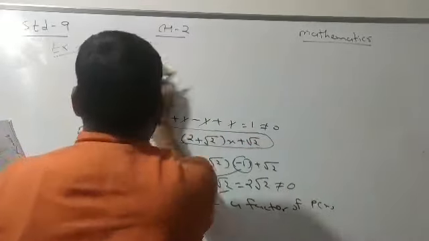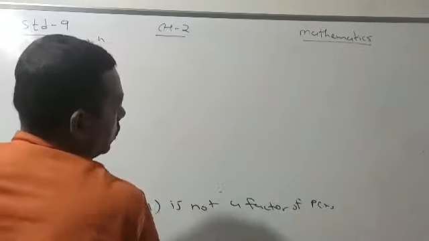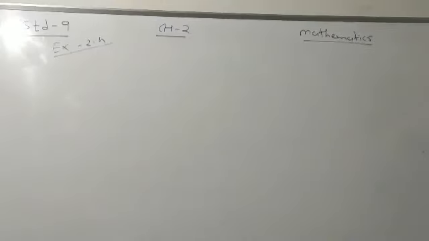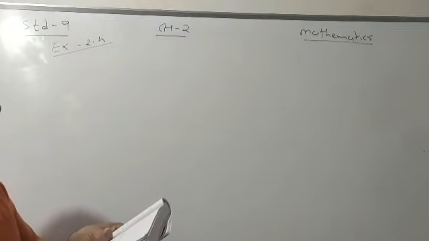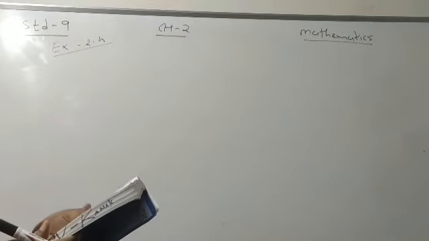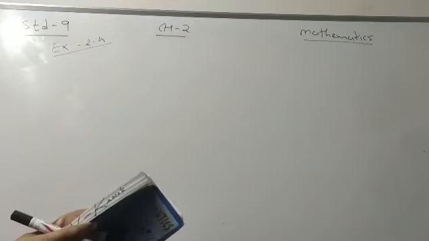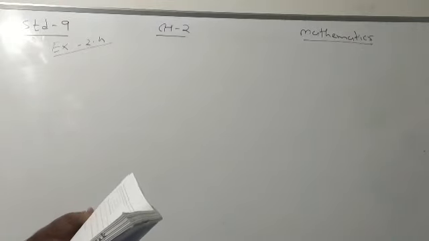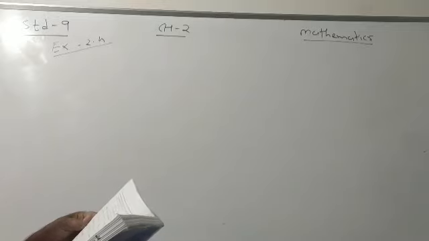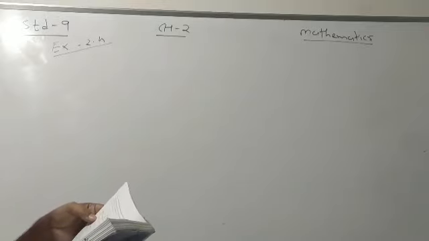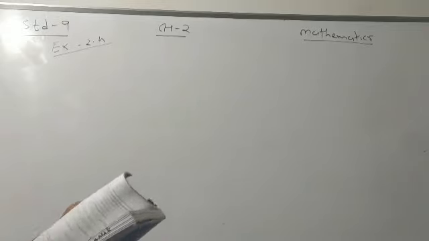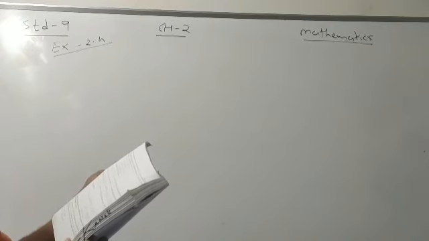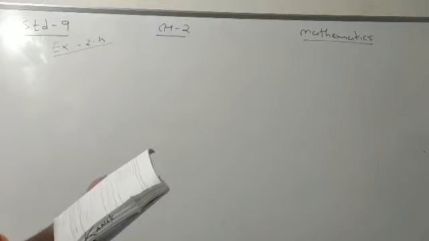Now question number 2. See, question number 2 is also almost same. Question number 2 is use the factor theorem to determine whether gx is a factor of px in each of the following cases. Now, what do you mean by factor theorem? See, in example number 14, factorize y square minus 5y plus 6 by using the factor theorem.